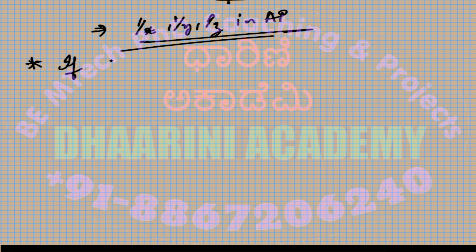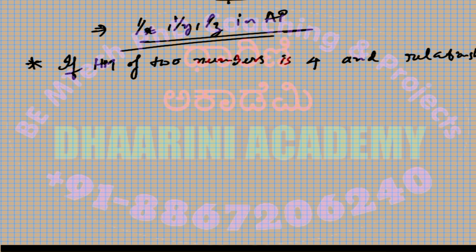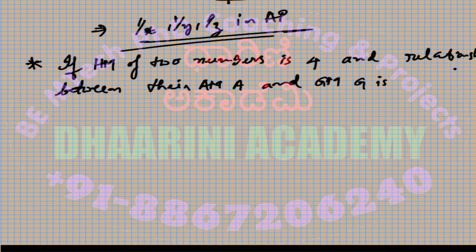If the harmonic mean of the two numbers is 4 and the relationship between their arithmetic mean A and the geometric mean G is G square plus 2A equal to 27.